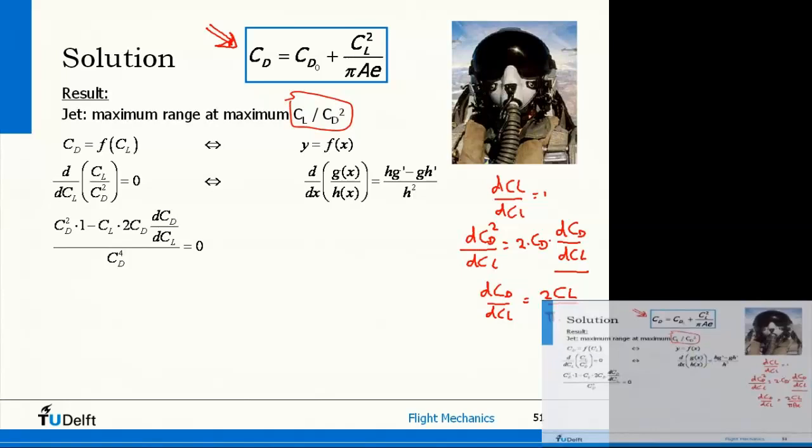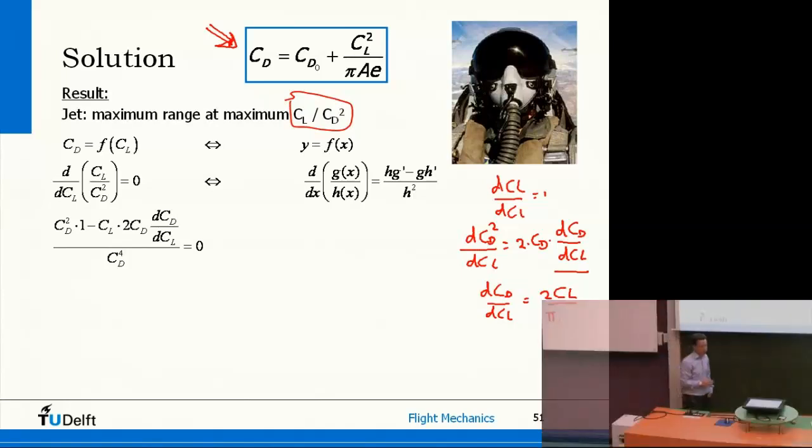So, if we fill out the quotient rule, which is already stated on the left-hand side, and we say CD to the power 4 is not 0, of course, because there's always drag, then the top-hand side of the equation should be equal to 0. So CD over CL is then a half CD over CL.